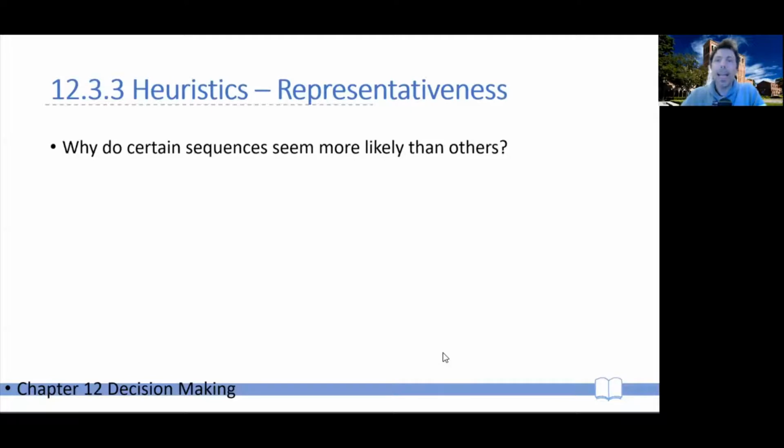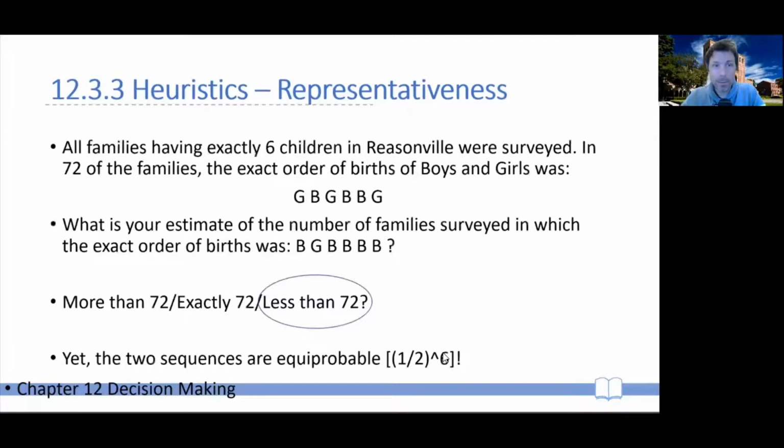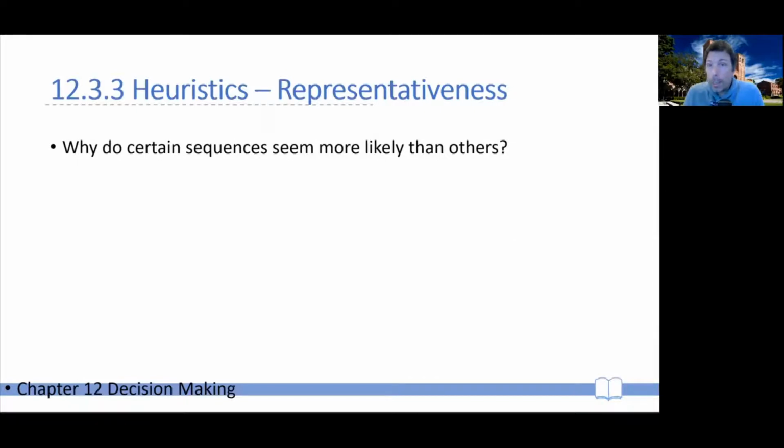And yet, it is undeniable that the first sequence, GB, GB, BG, feels subjectively way more likely to occur than the second sequence, BG, BB, BB. It's just an intuition that we seem to have.